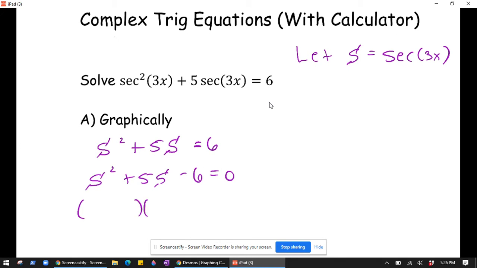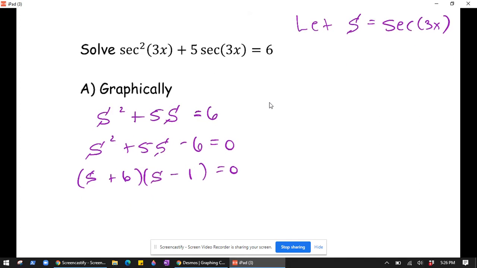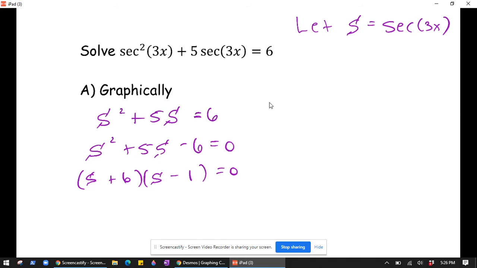And this factors. I believe that factors to S plus 6, S minus 1. I think that's right. So that tells me that S is equal to negative 6, and here S is equal to 1.